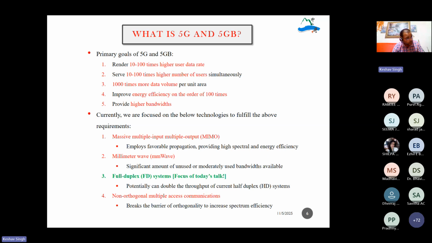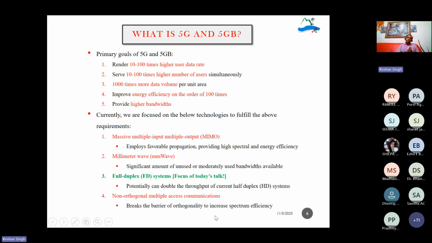Another technology is non-orthogonal multiple access. Under this we have various multiple access techniques, let's say rate splitting or non-orthogonal multiple access, which are part of the multiple access techniques. This breaks the orthogonality in order to improve the spectral efficiency.